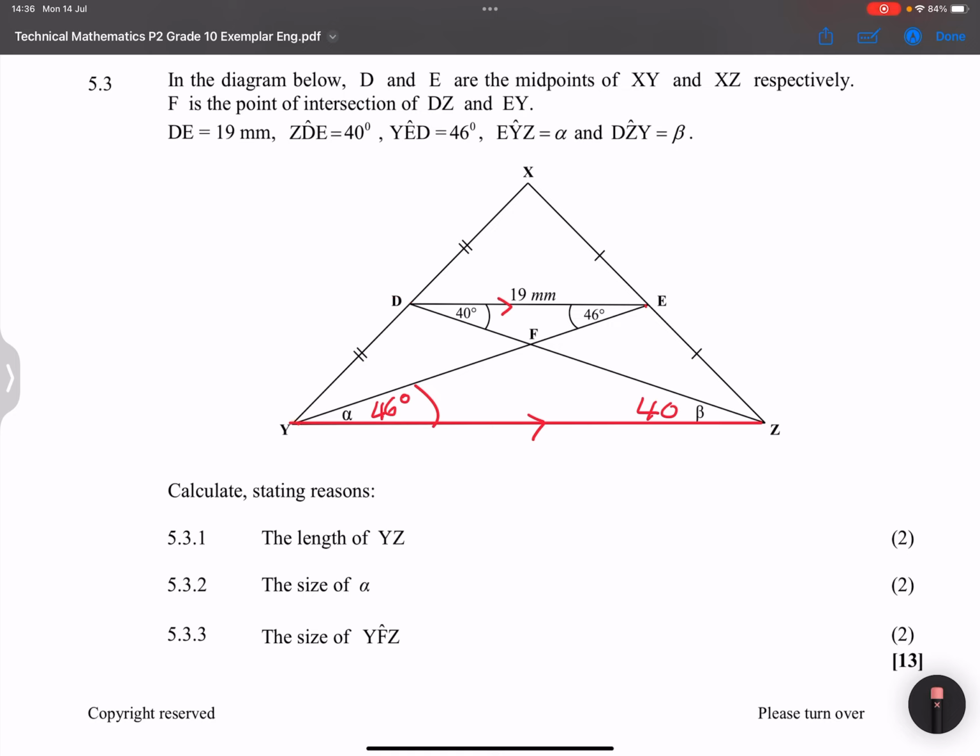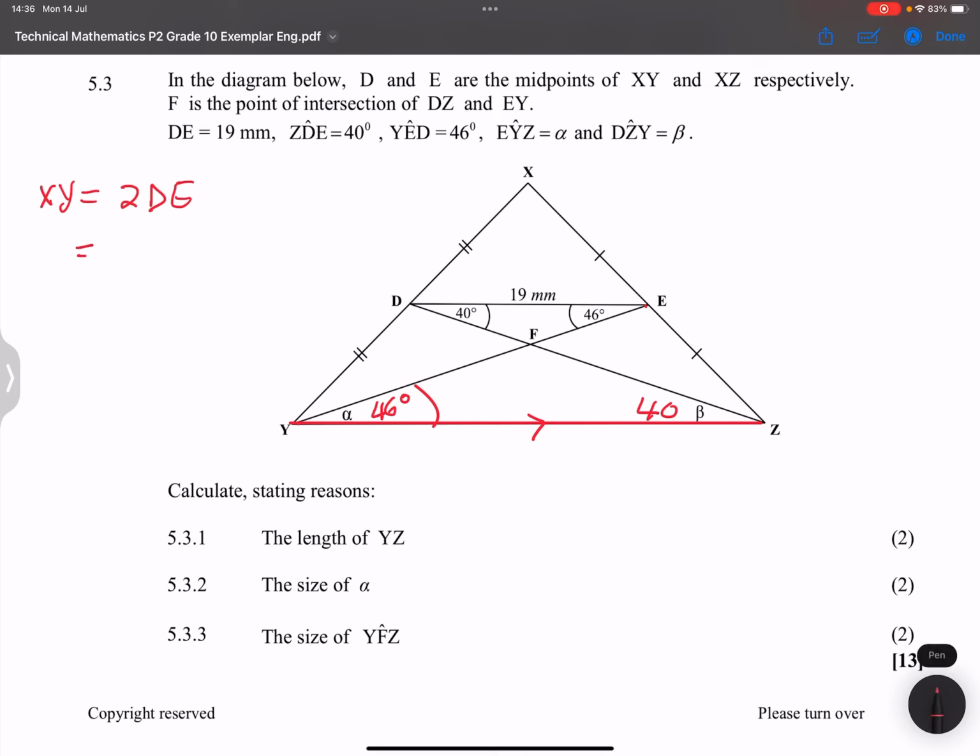Where am I going with that? If I look at YZ, that will be equal to 2 times DE. Again, you're looking at the side of a smaller triangle and the side of the bigger triangle. We said the side of the bigger triangle will be twice that of the smaller triangle.